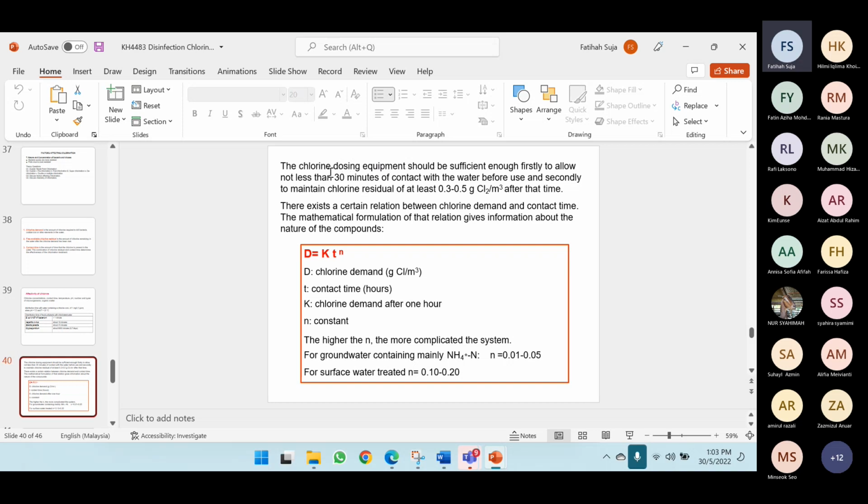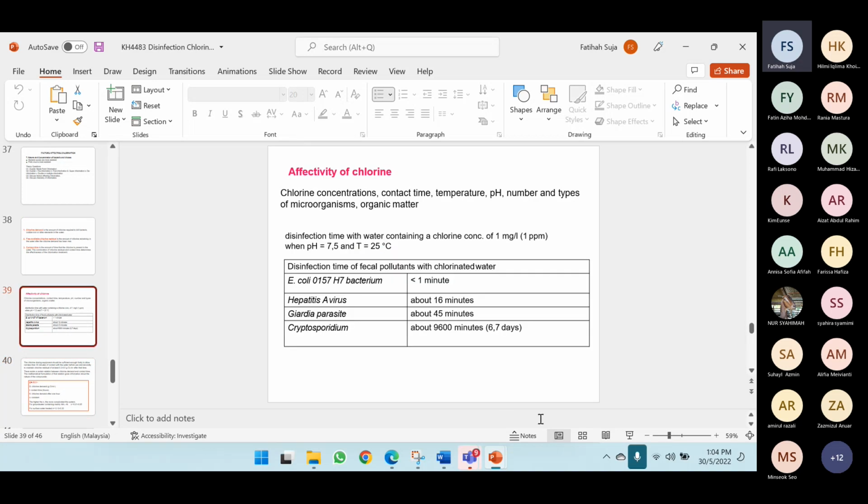And you need to have at least 30 minutes. But just now when I showed you, if you have things like amoeba, or Clostridium, then you need to have your contact time at least 7 days to make sure that the fecal coliforms are removed.